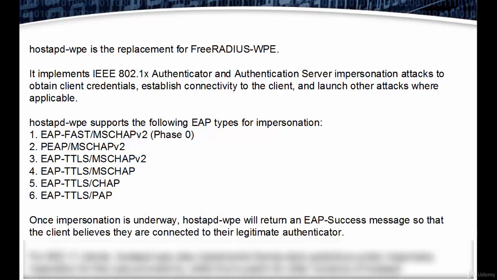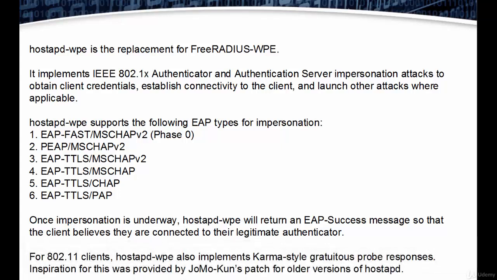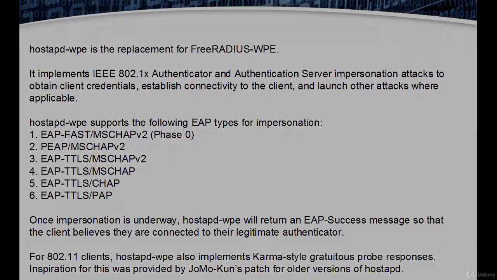Once impersonation is underway, Hostapd-WPE will return an EAP success message so that the client believes they are connected to their legitimate authenticator. For 802.11 clients, Hostapd-WPE also implements Karma-style gratuitous probe response. Inspiration for this was provided by Jouni Malinen's patch for an older version of Hostapd.